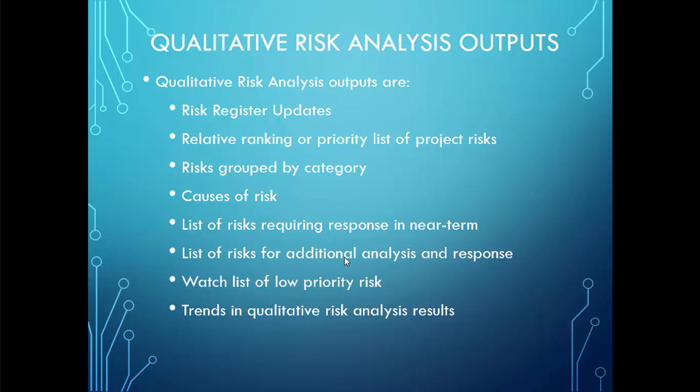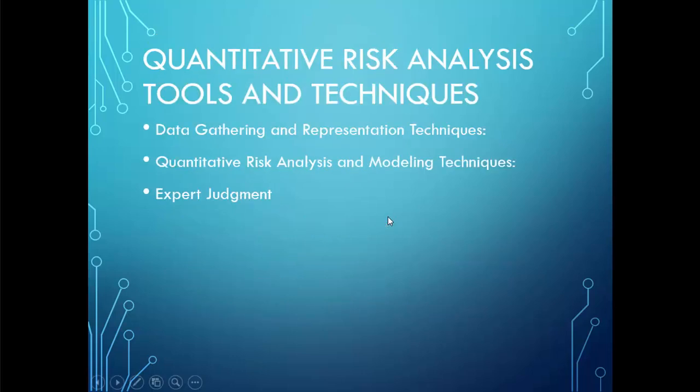We can get the list of risks requiring immediate response, and we can get a list of risks for additional analysis and responses needed. All these will reflect on the risk plan, and the risk plan will be updated to reflect these changes.